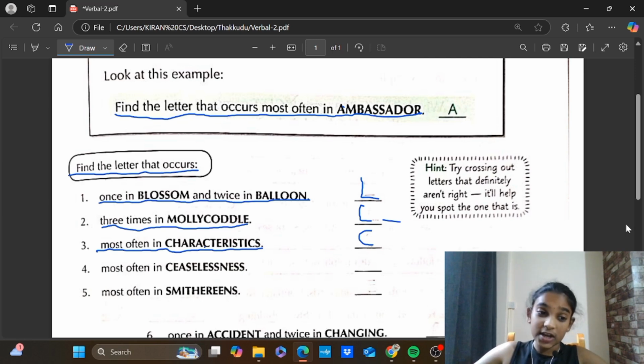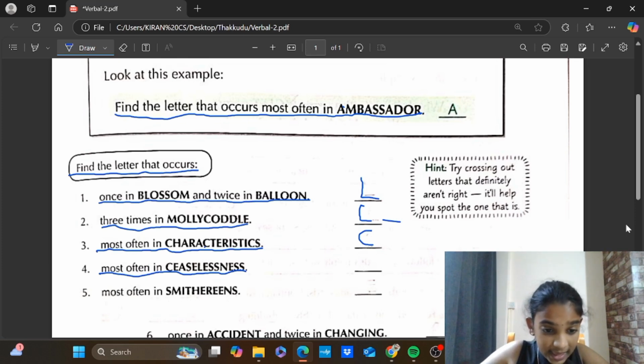The next question is, find the letter that occurs most often in this word. Okay? So we need to find which letter comes most often. Okay? So C, does it come most often? No. What about E? There's 1 E here, 1 E here, 1 E here, and 1 E here.